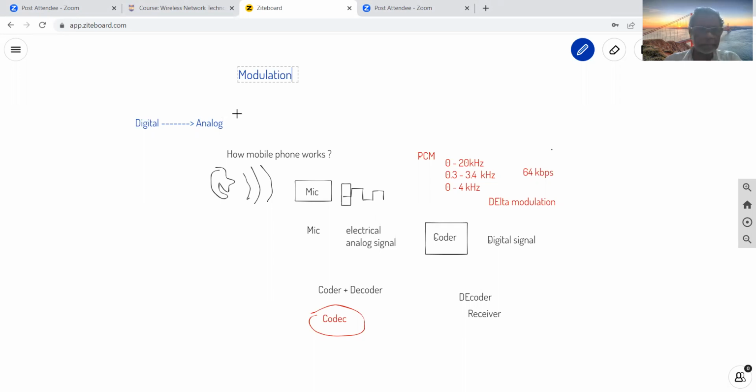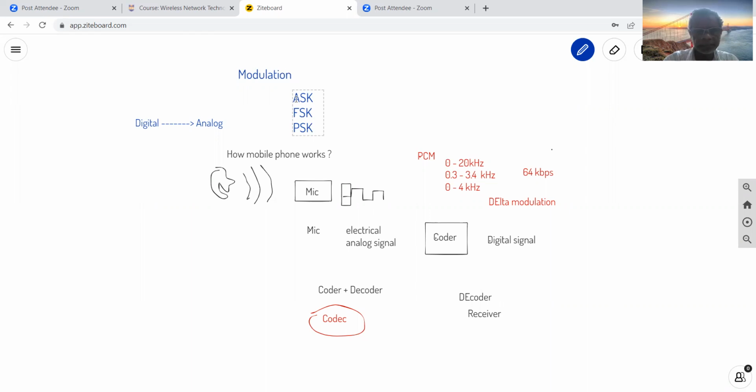Then, what are the modulation methods we can use to convert a digital signal to an analog signal? These methods are called ASK, I will explain it later, amplitude shift keying, FSK, frequency shift keying, and PSK, phase shift keying.